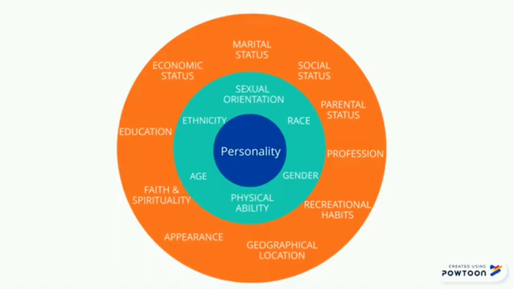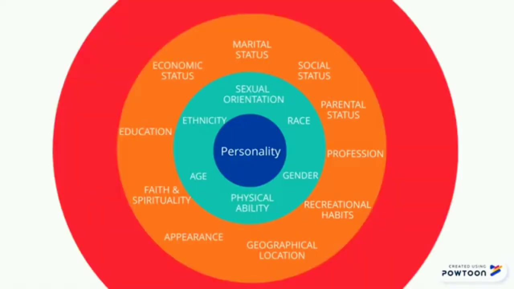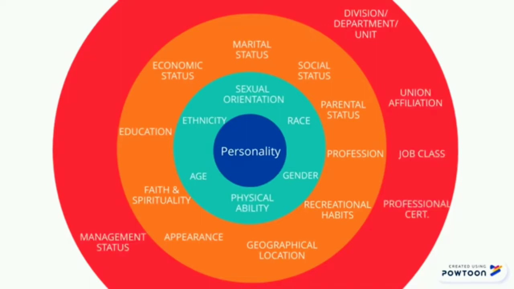Our last circle contains organisational dimensions such as division, department or unit, union affiliation, job class, professional certifications, management status, functional level and class, work content and field, and seniority and years of service.